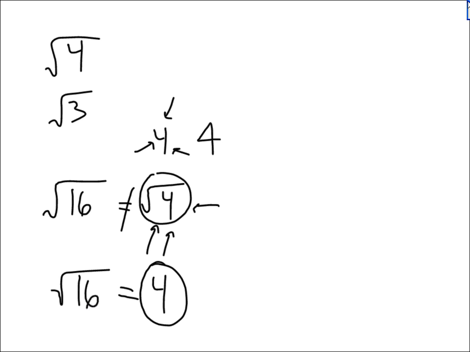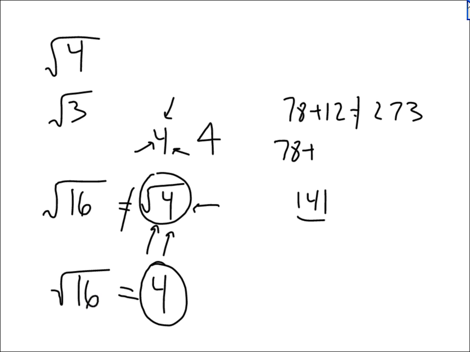Whether you're right or wrong, somebody asks you what 78 plus 12 is, and for whatever reason you think it's 141. What are the odds that if you write down another number that you'll be right? I mean, you were wrong with 141, fair enough. But if you write down a different number, you're going to be wrong. If you figure out that 78 plus 12 is 90, and you write down a different number, like 361, you're going to be wrong.